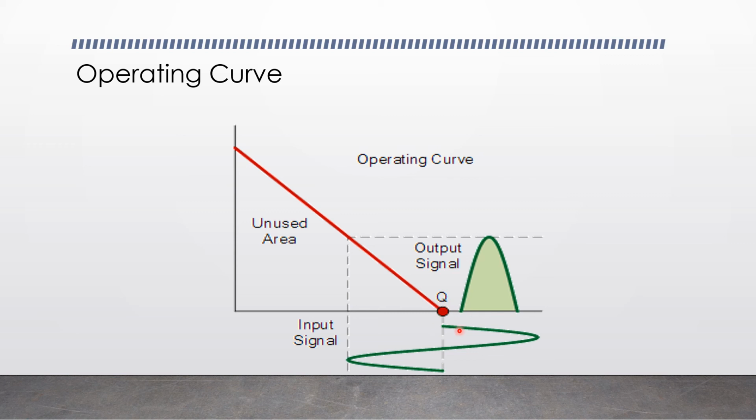And the efficiency of Class B amplifier is more than 70%, around 78.5%. This push-pull design of amplifier is quite efficient compared to the Class A amplifier. The only issue is that it has crossover distortion.